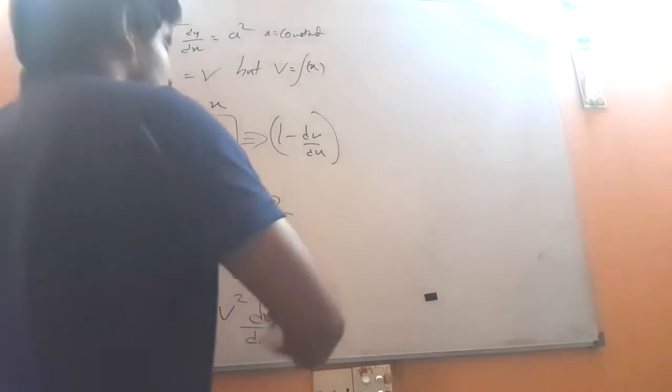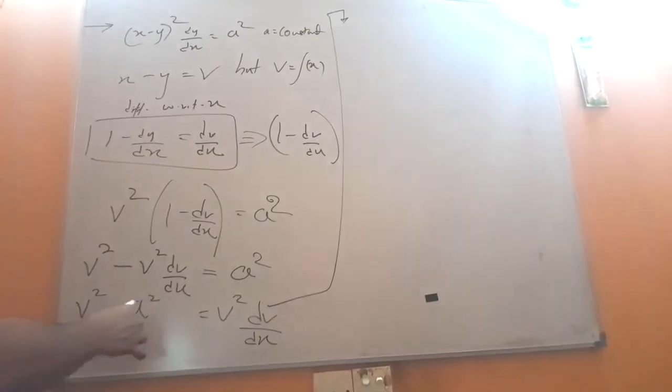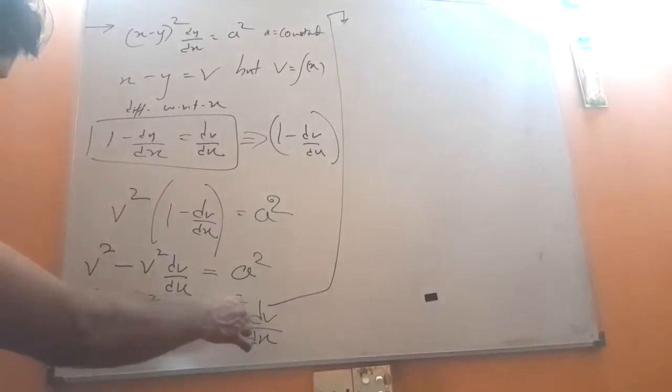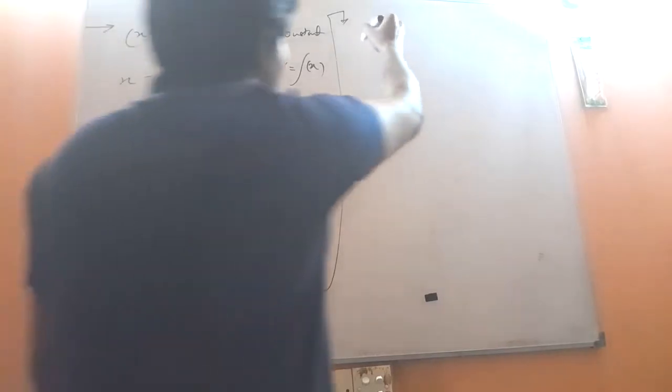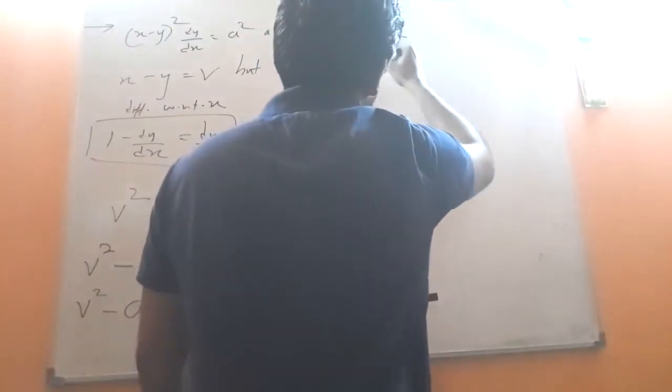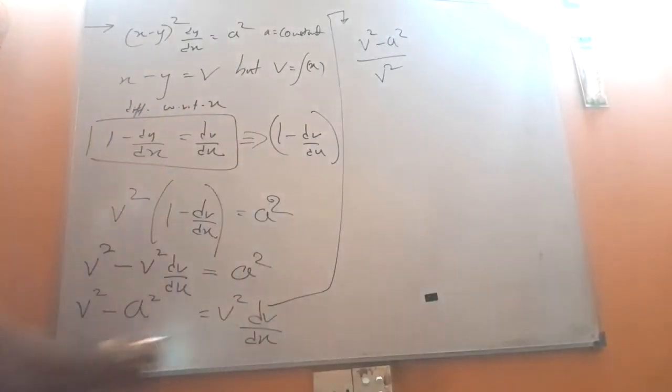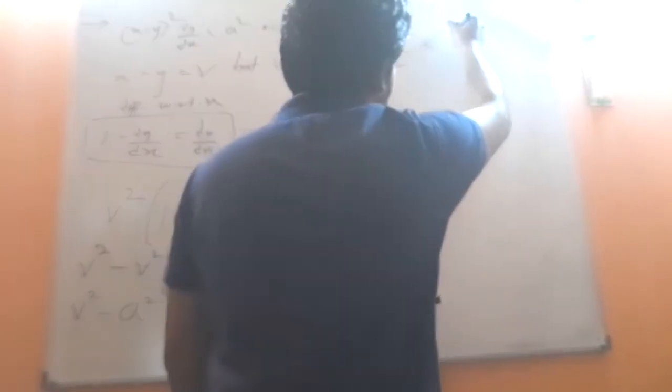So then let's go to the other side. Now you can adjust it according to a p divided by q format. That means in a way where it is easy to do the cross multiplication. You can take this v squared to the denominator: v squared minus a squared divided by v squared equals dv by dx.